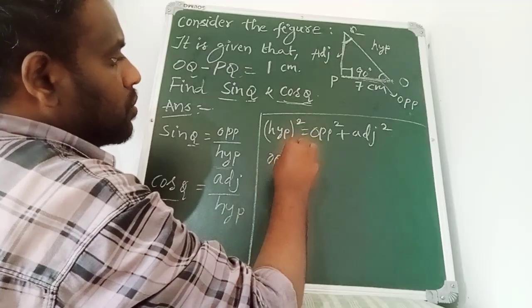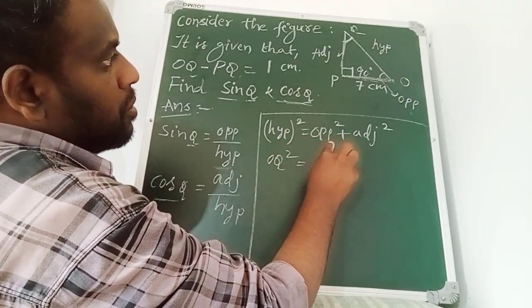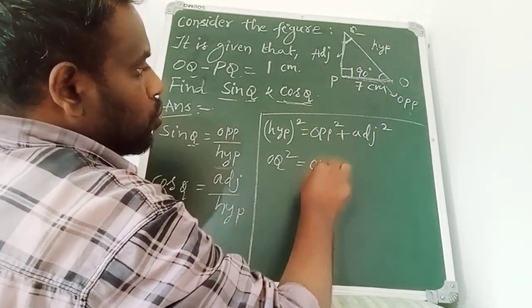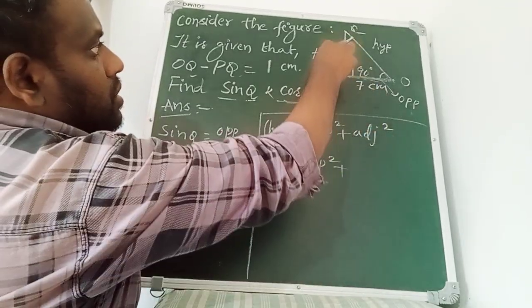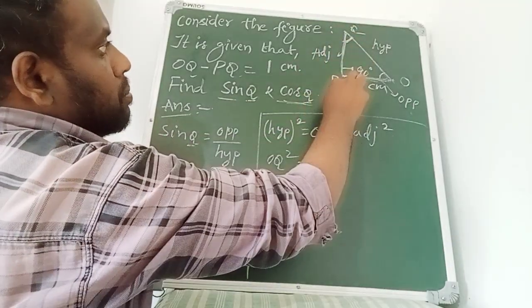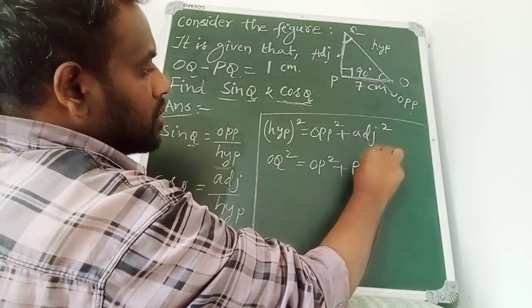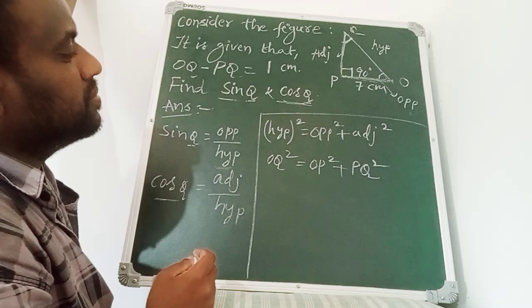So OQ square is equal to the opposite side, OP. So OP square, plus the adjacent side, PQ. So PQ square. Okay.